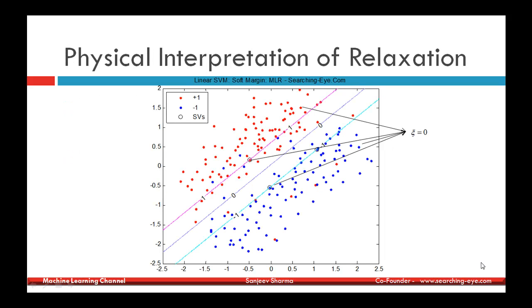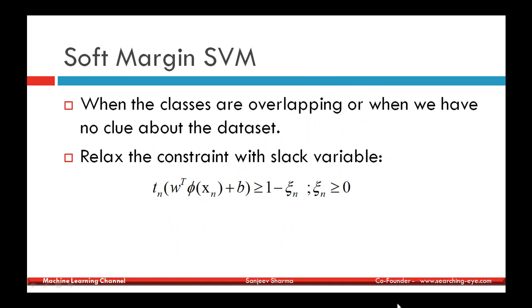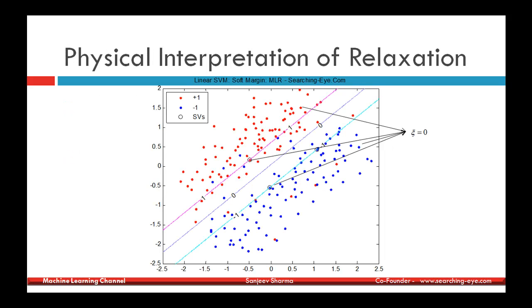So here's a pictorial depiction of this case, that is, relaxing each constraint with the slack variable eta_n, with eta_n greater than or equal to 0. This is actually the solution for one of the datasets that we are going to consider in this presentation. Here's a red class and here's a blue class, and this is the line y(x) equal to -1, this is the line y(x) equal to +1, and this is the decision boundary with y(x) equal to 0.